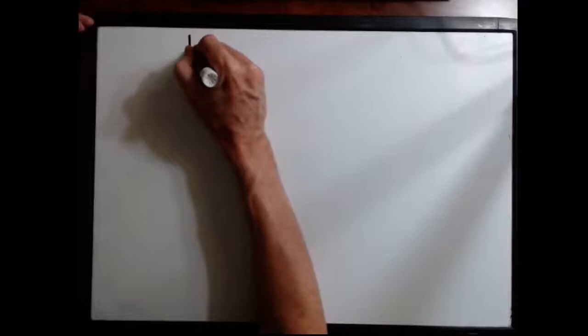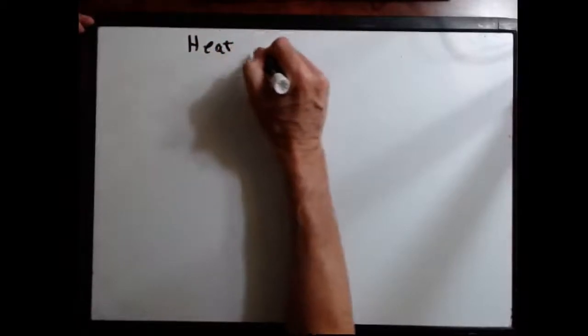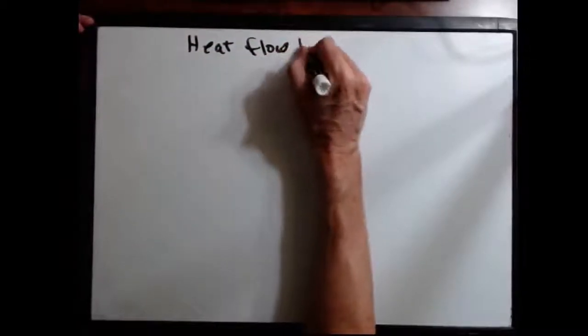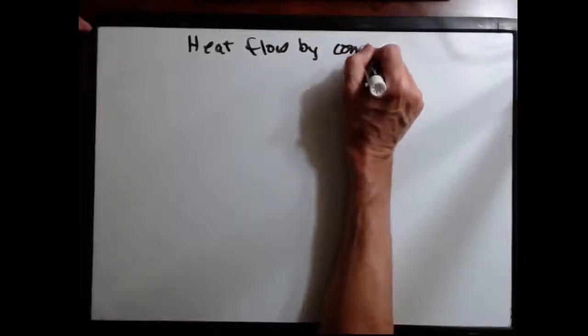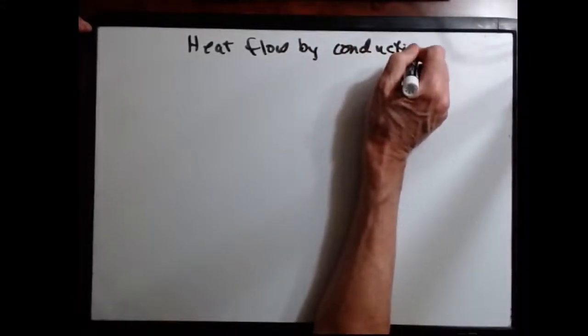So I wanted to say a couple more things about heat flow by conduction. So normally we've written it this way. We've written it as K A delta T over D. Sometimes we'll write down a resistance to heat flow.